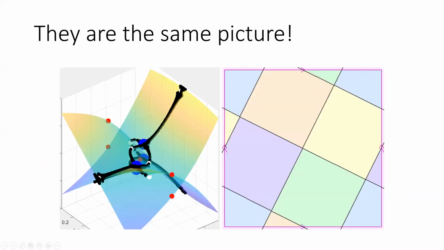So these 2 pictures are the same picture. On the right, I have the complete regular map on 5 vertices. And on the left, I have the affine model for the dessins, for this specific bipartification of this complete regular map. Okay, so I guess that's all I have time for. That's my talk. Thank you very much.